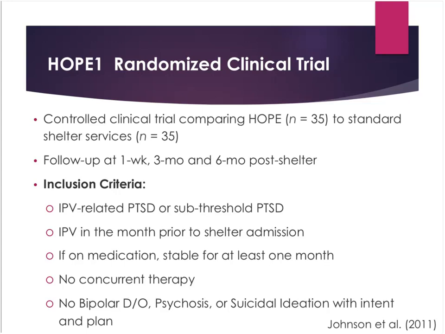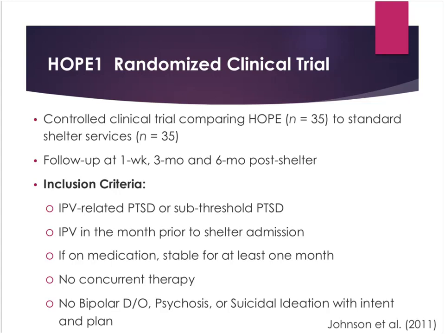Because this was a research study, we had to be really clear on who we were targeting. So our inclusion criteria was that women had to have either PTSD or subthreshold PTSD from the intimate partner violence. We added subthreshold PTSD because a lot of literature is showing that even subthreshold symptoms of PTSD can be very problematic for women.